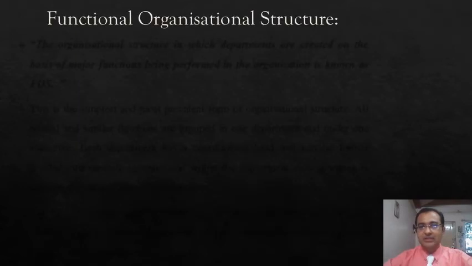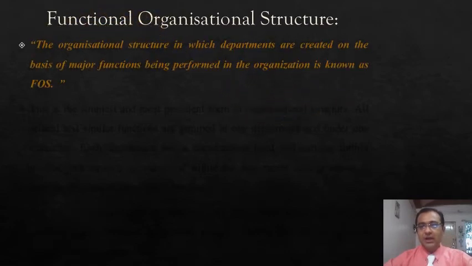Now let's discuss one of the most important organizational structures, that is functional organizational structure. The name itself suggests what it could be. Students, each and every organization functions on the basis of certain activities, and all those activities are considered its functions.